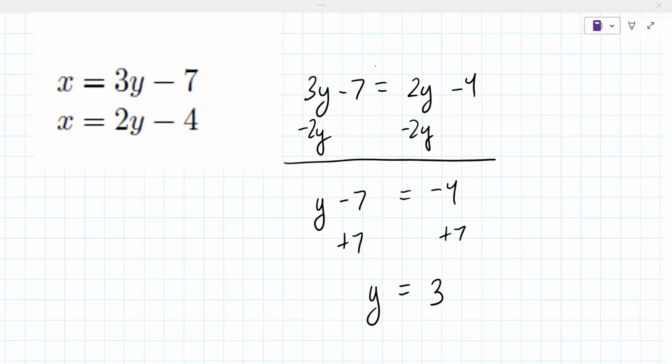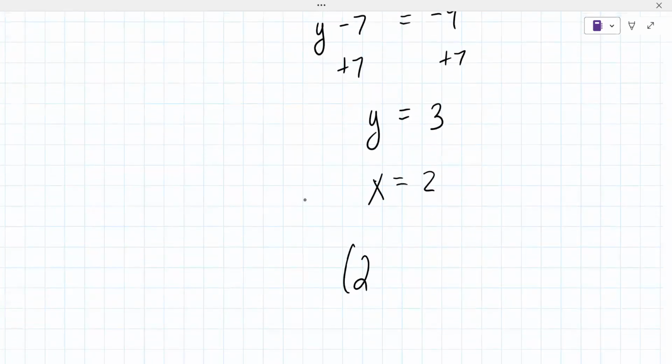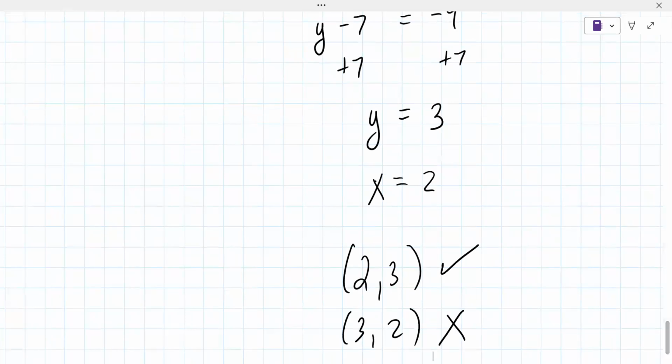You already have y. You're solving for x. Oh, X equals 2. X equals 2, yeah. And it's really important because when you put the numbers, let's just say the answers were ordered pairs. The ordered pair 2, 3 is correct, but 3, 2 is wrong.